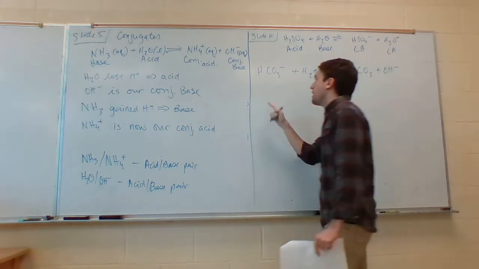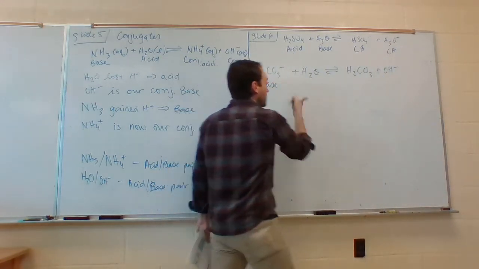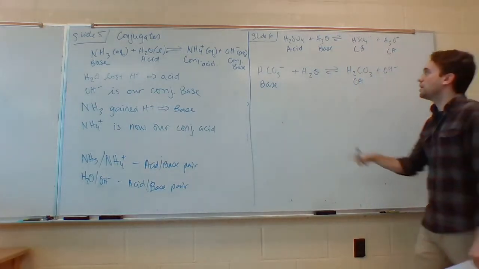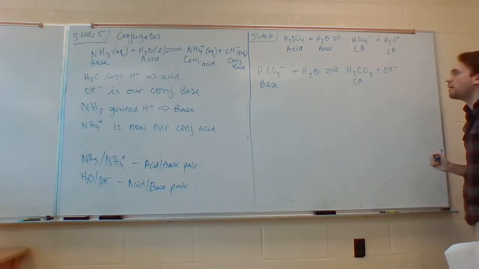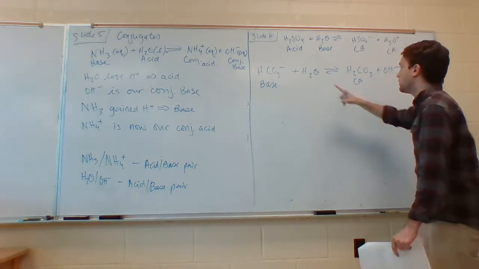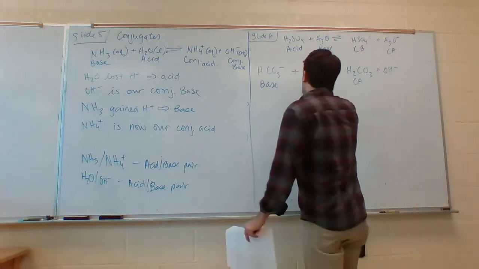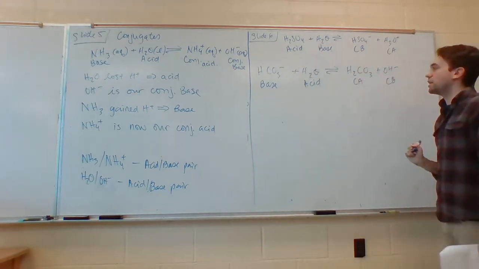It gained a proton. That means that this is our base, and once it gains the proton, it becomes a conjugate acid. Over here we have H2O, and it becomes OH minus. So what happened to our H2O? Did it gain or lose a proton? Well, it lost a proton, so it could become OH minus. That means that this is our acid because it donated the proton, and this is our conjugate base.